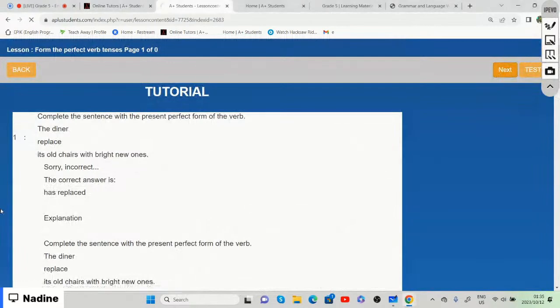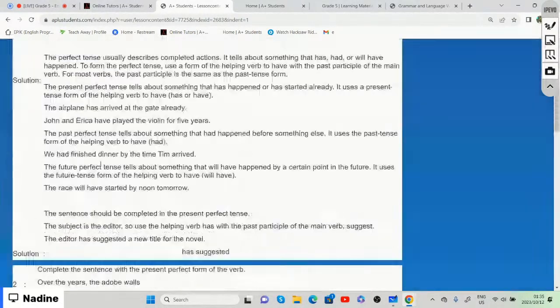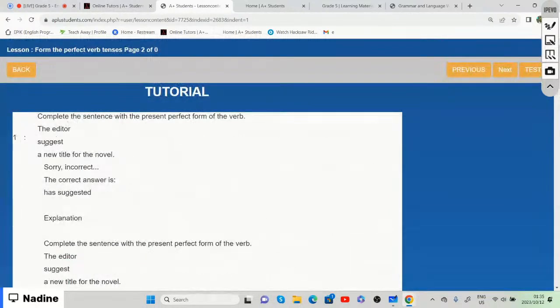All right. If we look at the next one, it says the editor suggests a new title for the novel. This is also our present perfect form. Do we say has or have suggested?